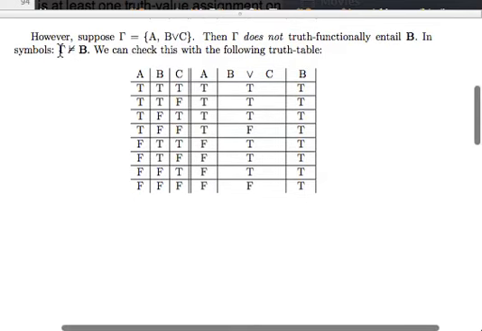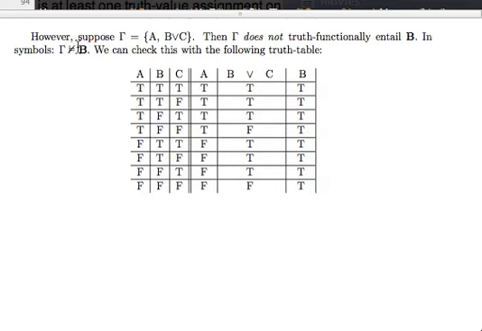And I guess I haven't introduced the symbol yet, but when we say that a set of sentences like gamma does not truth functionally entail B, we use this little symbol here. This is a double turnstile with a slash through it.